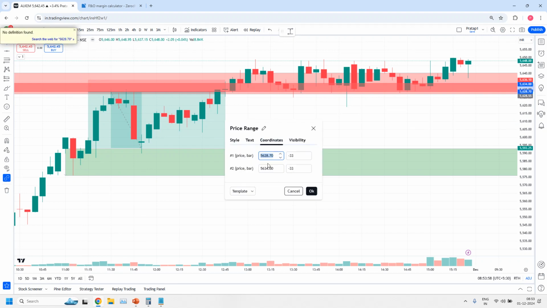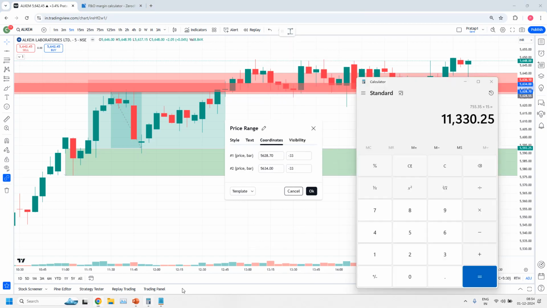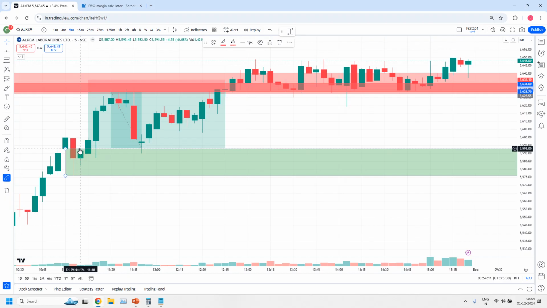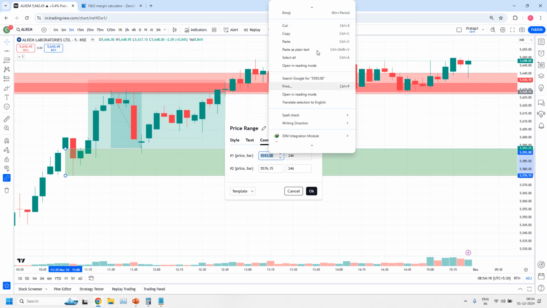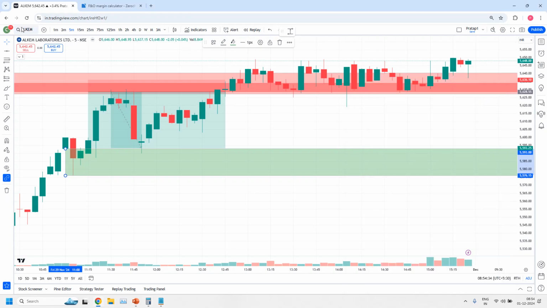Your entry is at 5628.70, minus, and what is your target here? This zone, 5593. You got 35.7 rupees profit on one future. This is ALKEM, right?